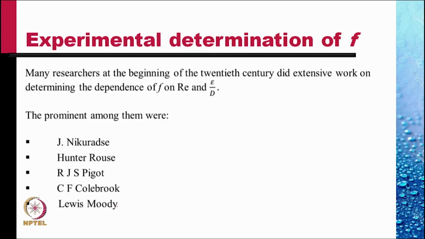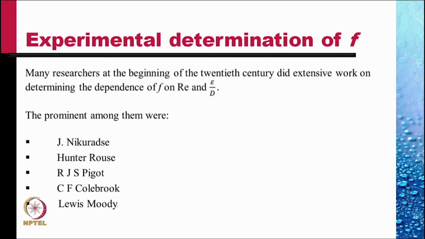Many researchers at the beginning of the 20th century did extensive work on determining the dependence of f on Reynolds number and epsilon by D. The prominent among them were Nikuradse, who worked with pipe walls roughened with sand grains of different sizes; Hunter Rouse, a very famous fluid dynamicist; and R.J.S. Pigott.